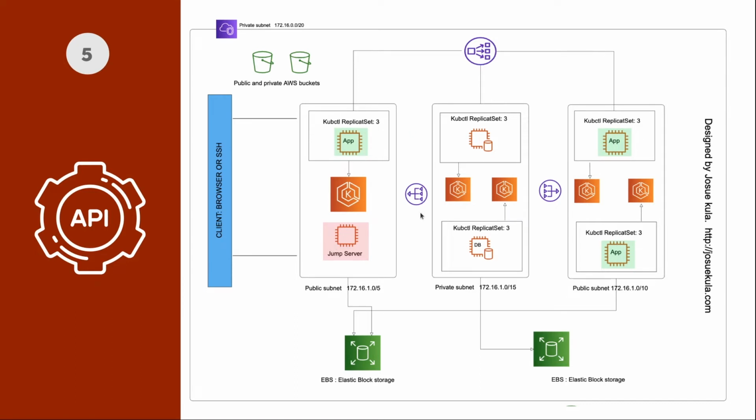That's the way some applications and systems are designed. They're designed to receive requests from the jump server. Okay, let's go back to the code and continue testing the HTTP X-Forwarded-For header.